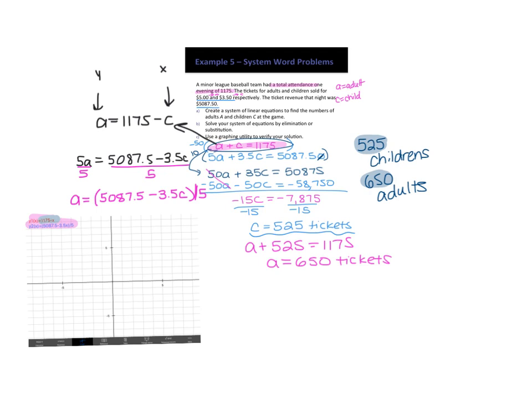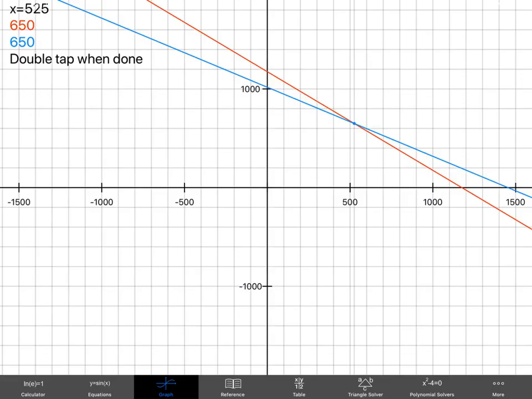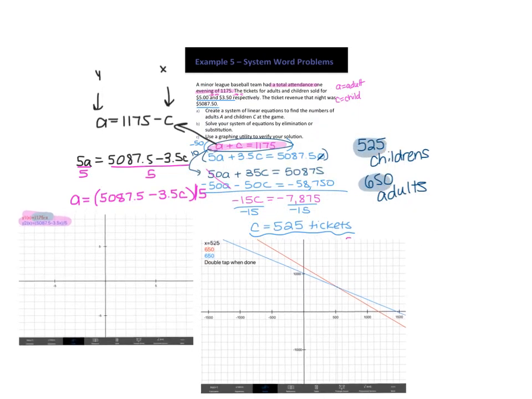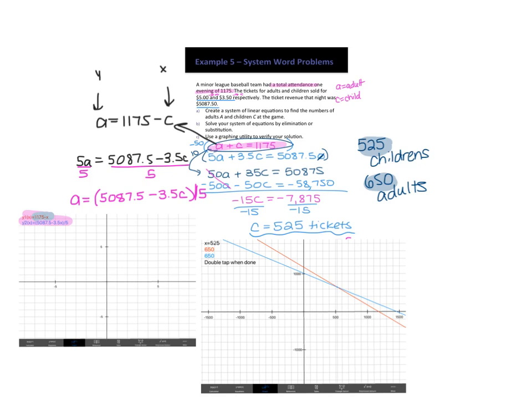So what I did is just kept zooming until I got it into the viewfinder. And it looked like this. On the graphing utility on the iPad, you can double tap the screen, hit intersection, and it will bring you directly to that point, which matches what we found up here, 525 and 650.